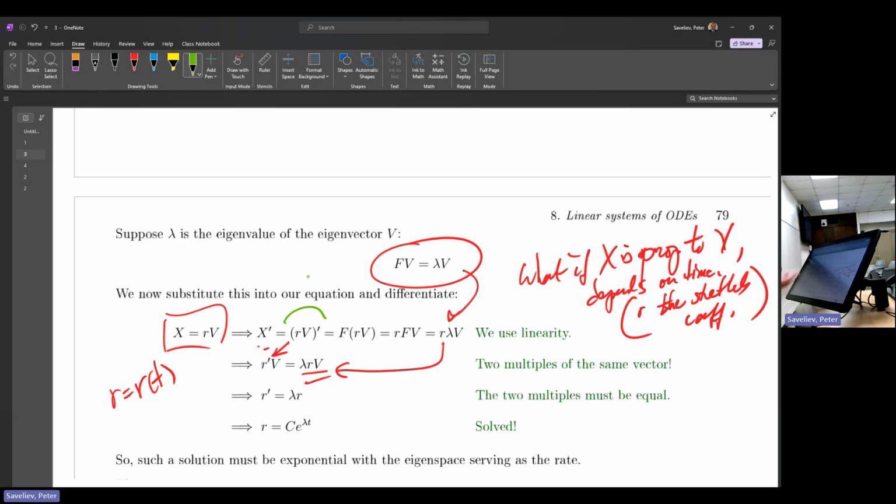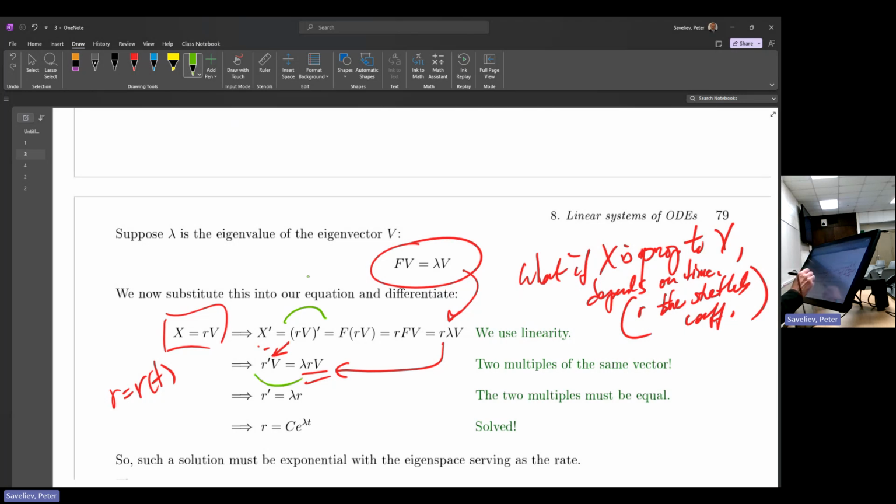It will still be proportional to v because it's constant, and you can factor it out. But then the derivative of R emerges here. Because v is an eigenvector, that's why it happened. Not being an eigenvector, we would not have the simplification that allows us to get rid of vectors.